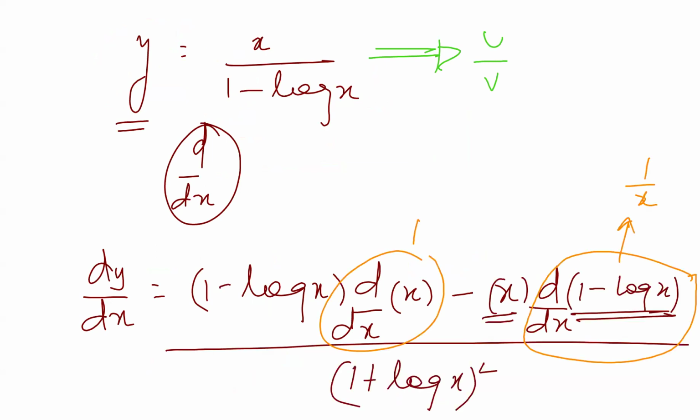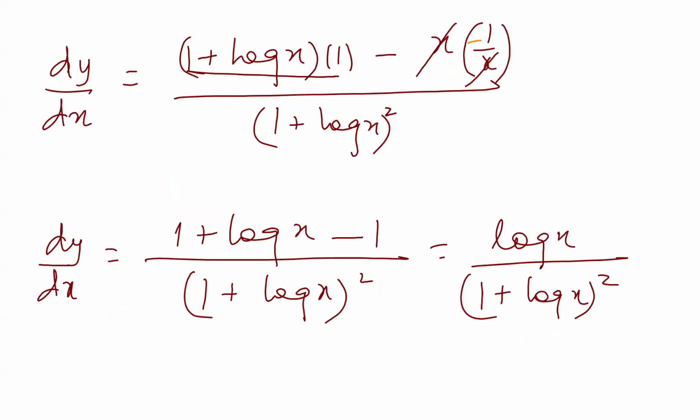So the derivative of 1 minus log x is minus 1 upon x. This is minus 1 upon x, and this is minus 1 upon x. This minus and this minus is plus, so this will be plus.